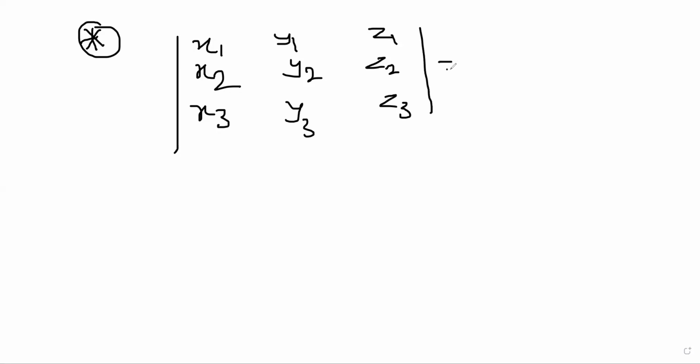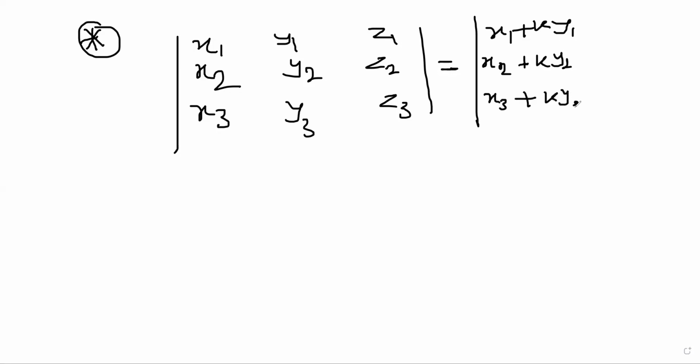It is also equal to x1 plus k of y1, x2 plus k of y2, x3 plus k of y3. Okay, this is y1, y2, y3, then z1, z2, z3.